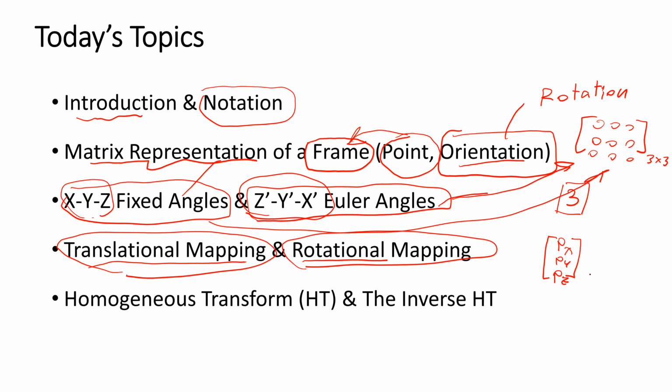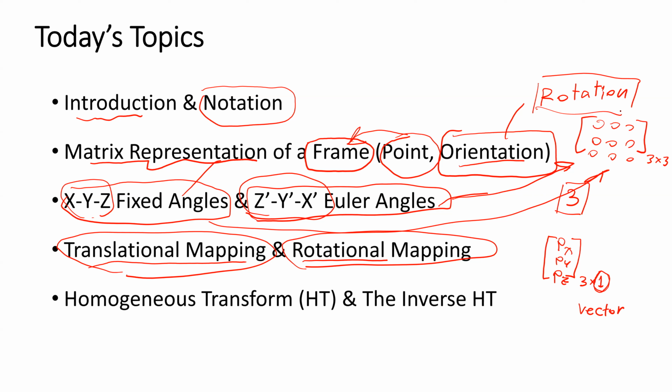The dimension of the vector, we can see it as a matrix, 3x1, right? If the number of columns is 1, sometimes we call it a vector. So the position vector is a 3x1 matrix, and for the rotation matrix, we have a 3x3 matrix.